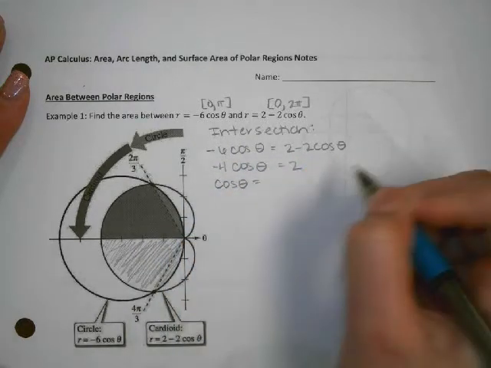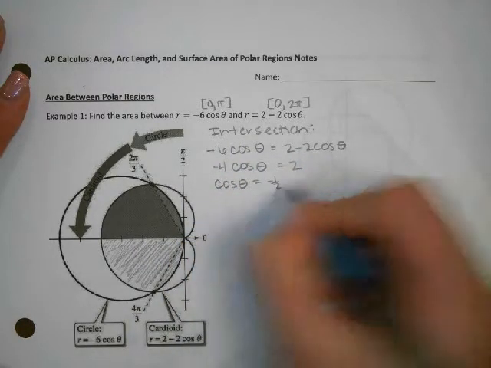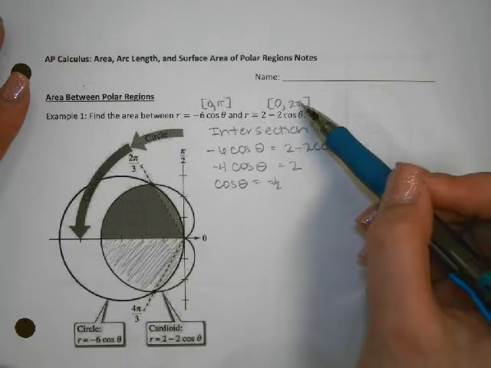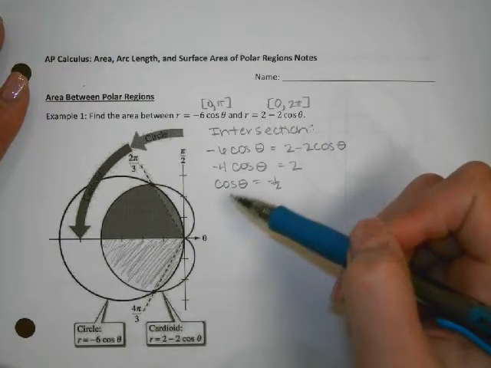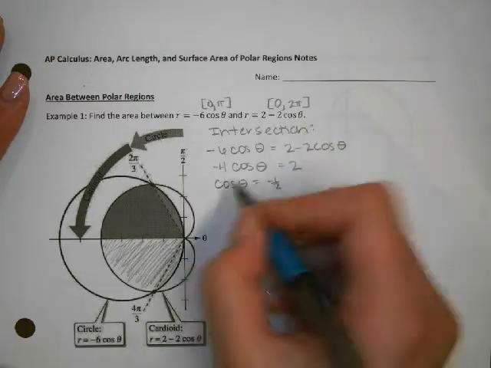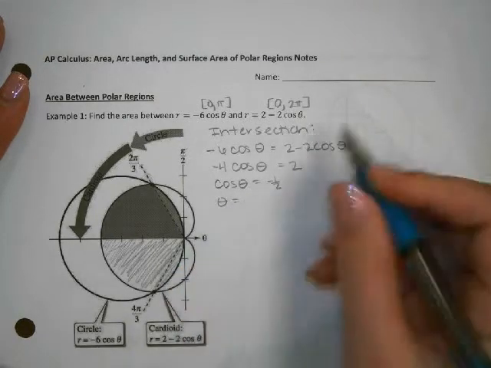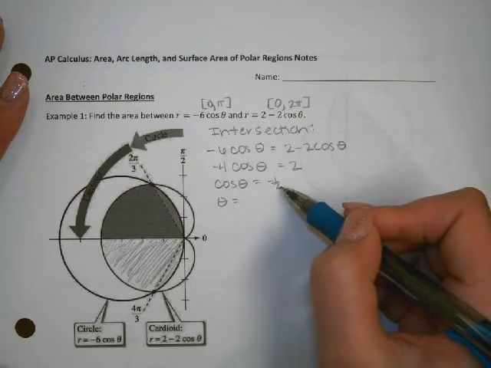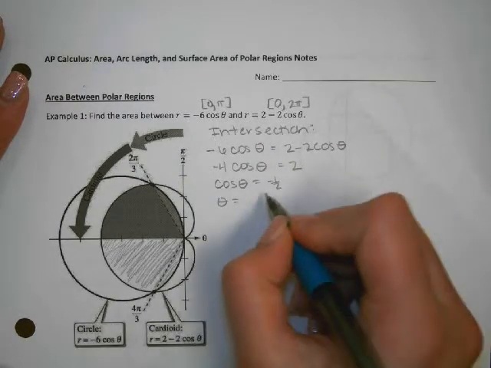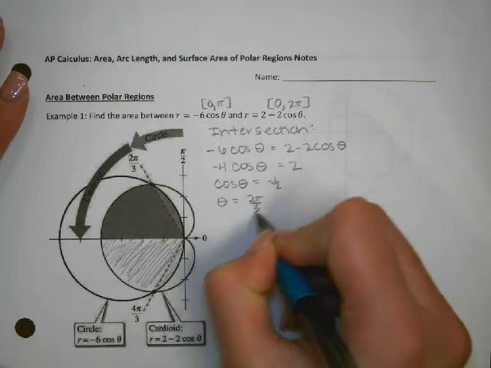So 2 divided by -4 is -1/2. And then since I need to think of the interval from 0 to 2 pi so that I can include everything for that cardioid, I'm going to find the thetas that are from 0 to 2 pi. So on the unit circle, we have an x-coordinate of -1/2 at 2 pi thirds and 4 pi thirds.